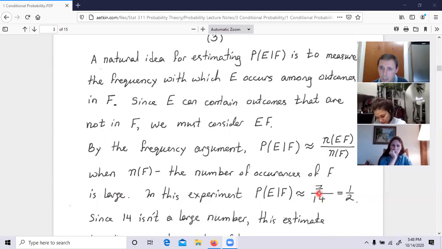You test them. Based on this procedure, our estimate so far is that the probability of the first coin being heads, given that at least one of the coins is tails, is 1/2. And that number might not be right at all. Maybe it will change if we conduct more experiments.